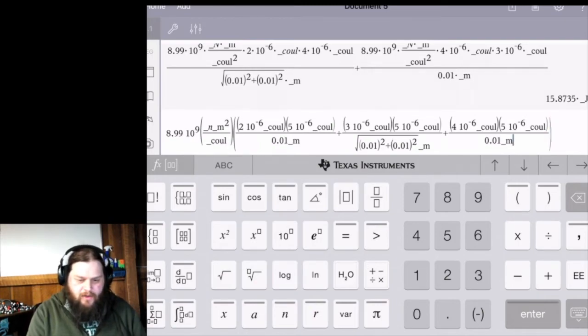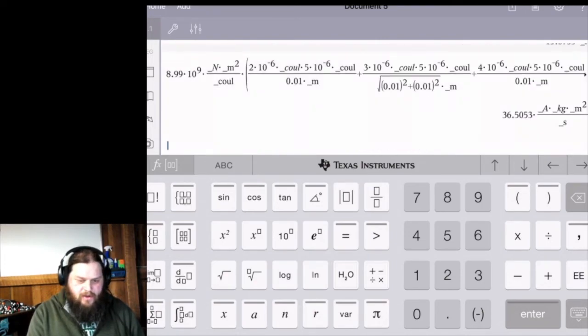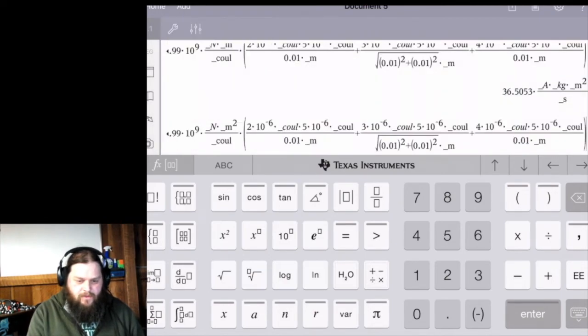And I'm going to double check, make sure I have everything right. Got my K up in front. I can distribute all that in to get my works. And it looks like I got everything just right. Let's see. I missed something. Where did I miss? Coulomb.